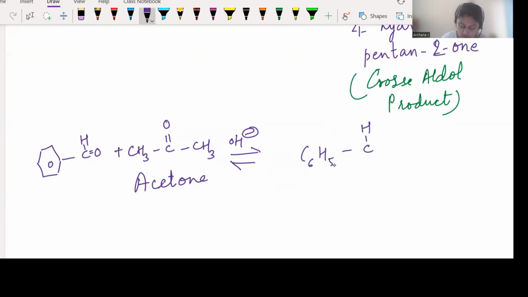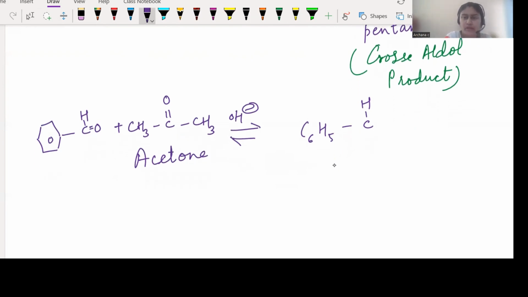What can be another memory technique is as follows. If you want to predict the final product of either aldol condensation or crossed aldol condensation, this is how you can remember. Instead of writing acetone in this way, I can write it as a memory tip. Hence, I'm putting it in green.